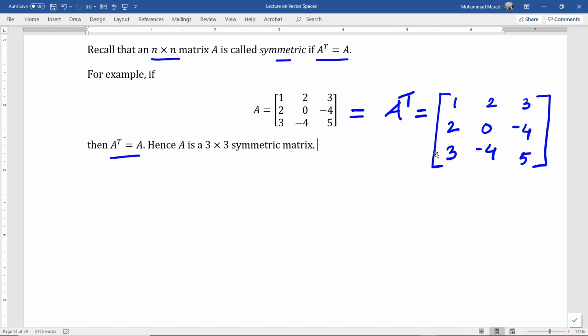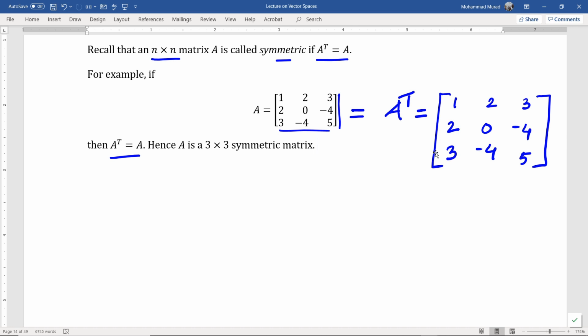We can also simply observe that the first row and the first column are exactly the same. Similarly, the second row and the second column are exactly the same, and the third row and the third column are also exactly the same.